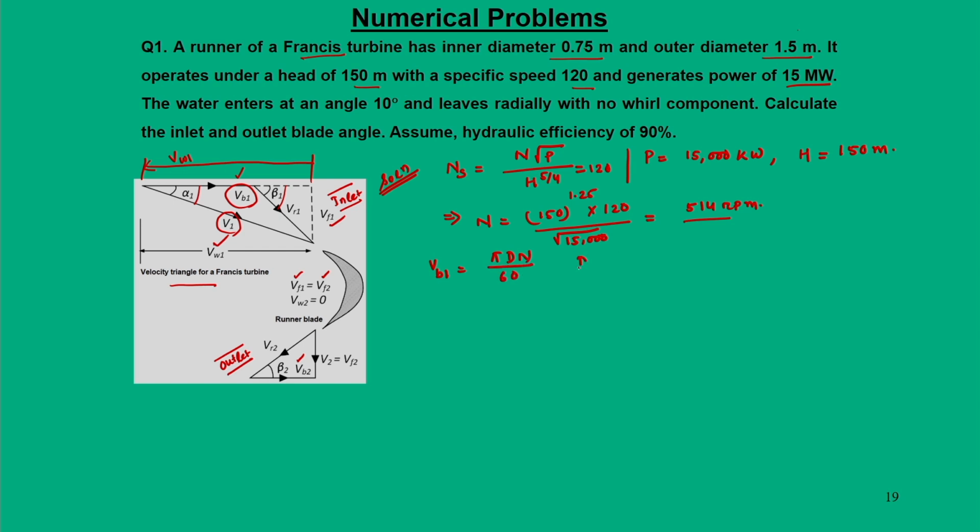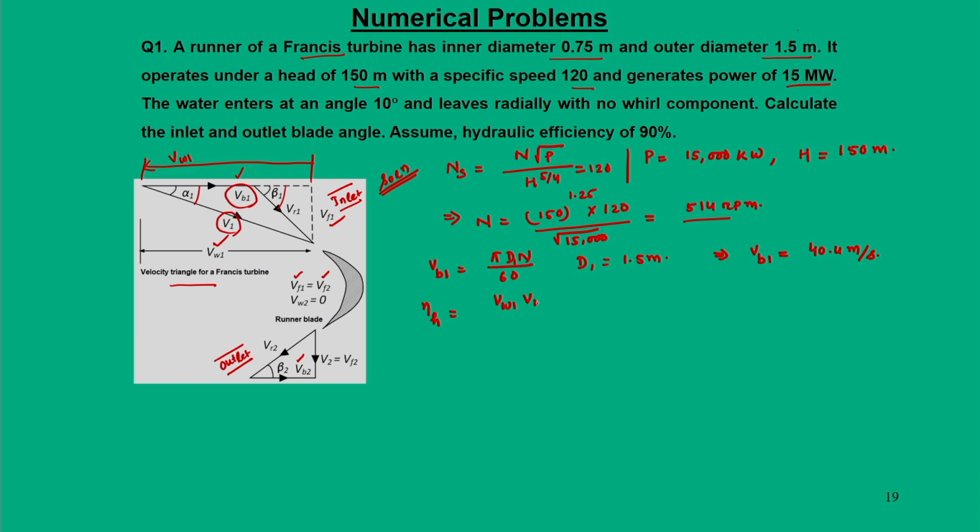So, here D1 is 1.5 meter and N is 514. So, this will give you VB1 as 40.4 meter per second.